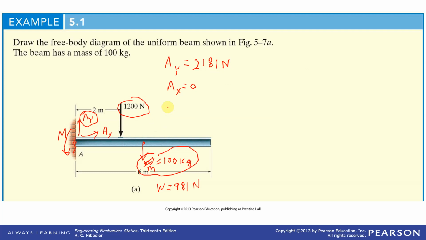And we have to set the moments equal to 0. We have two moments. Sum of the moments equals 0 equals the reaction moment, I'll call this M sub R, minus 1200 times 2. The 1200 newtons is acting to move the system clockwise, so it'd be a negative quantity.